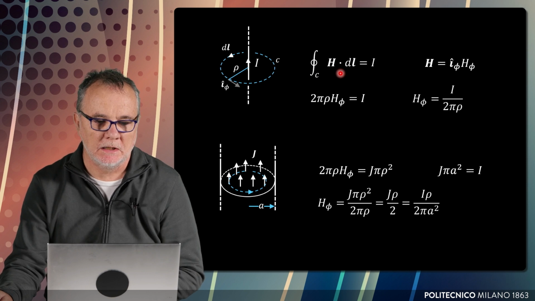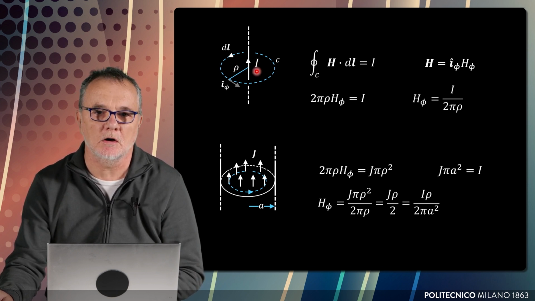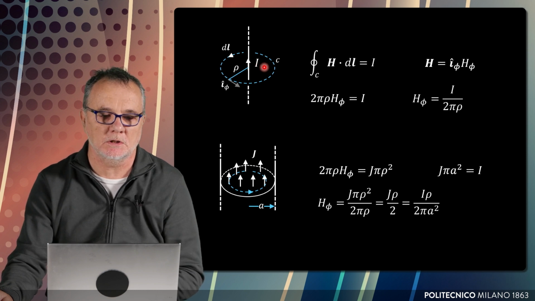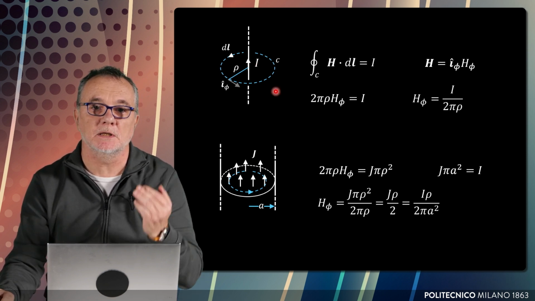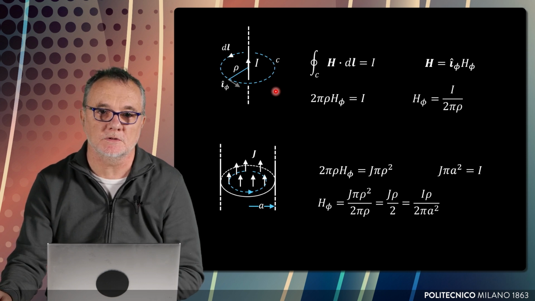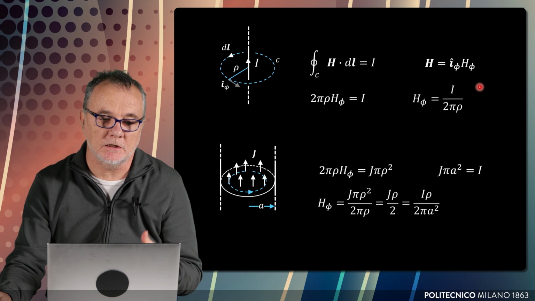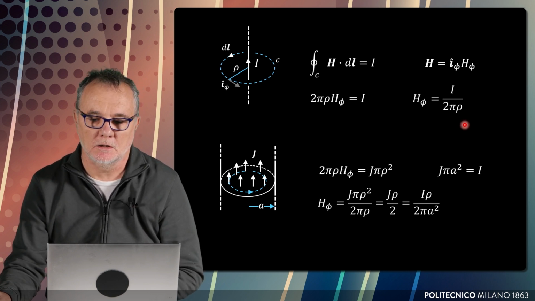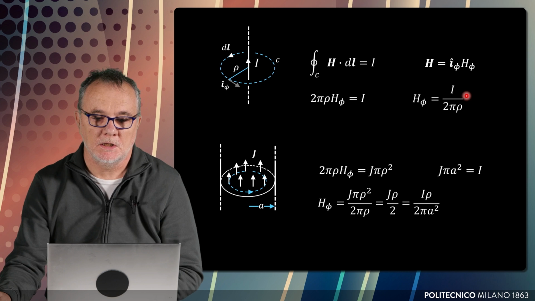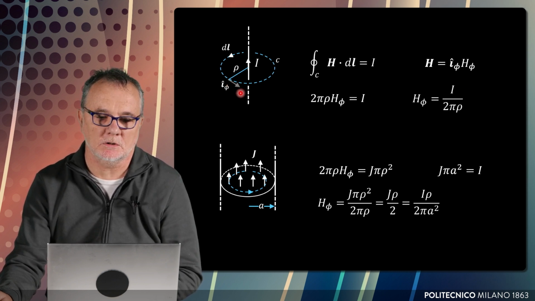Now, by symmetry, H cannot be a function of phi, the angle in our cylindrical coordinate system. And it is not a function of z, because the system is independent of z, the current is independent of z. So it's only a function of ρ. Its direction, which we obtain from the differential Ampere's law, is along the phi unit vector of the cylindrical coordinate system.